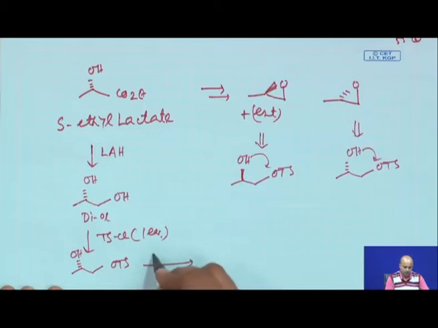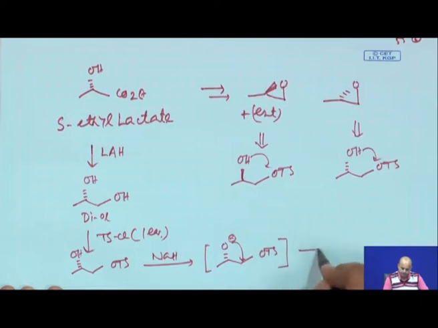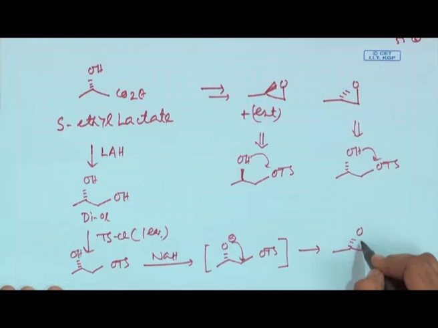Now, you treat this intermediate with sodium hydride. This will give you O minus and CH2 OTs, which will now intramolecularly react at this primary center. It will give you this epoxide.